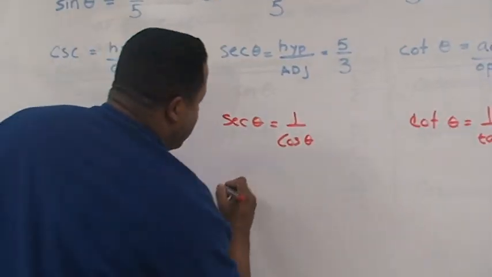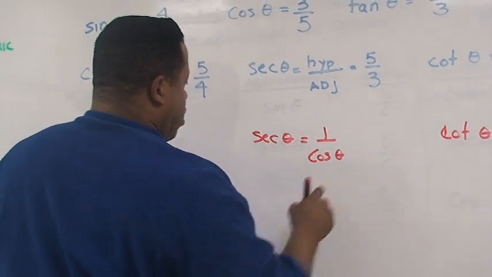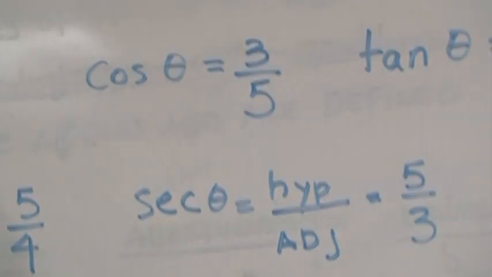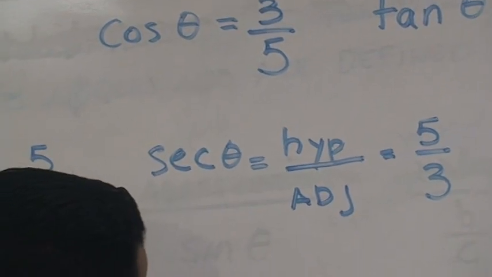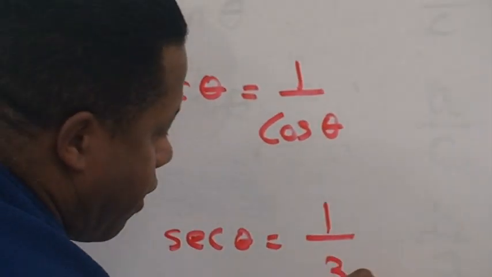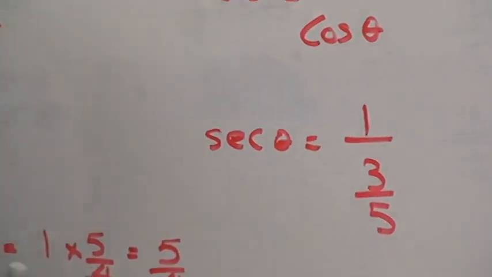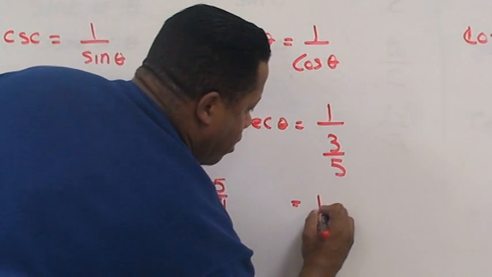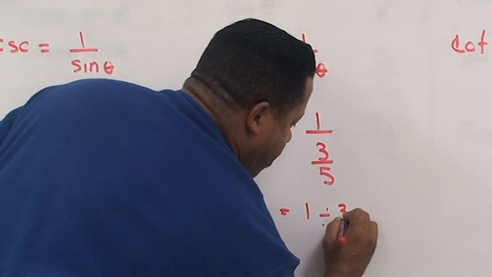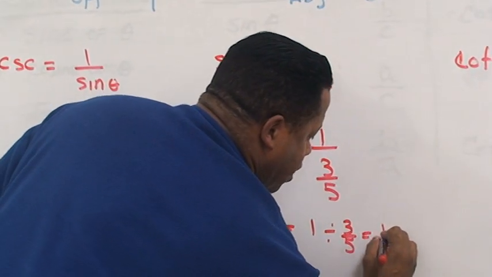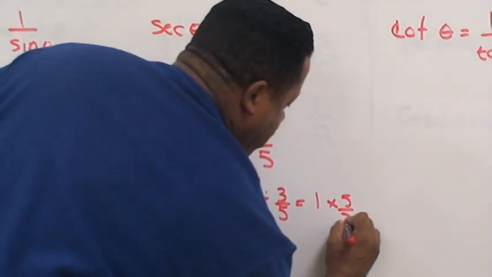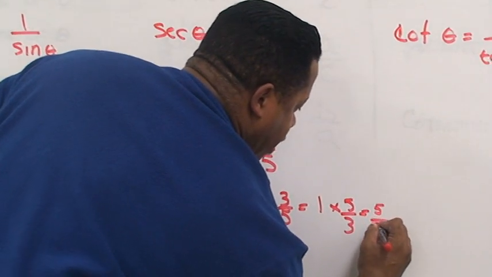Also here with secant theta, which is 1 over cosine theta, look at the cosine value here. Secant theta is equal to 1 over 3 over 5. You do basically the same thing: 1 divided by 3 over 5, and then 1 times, change the operation symbol, 5 over 3.